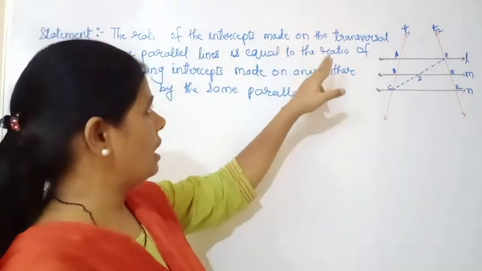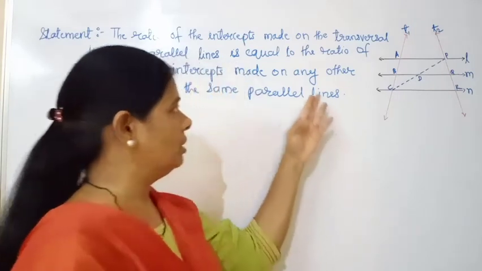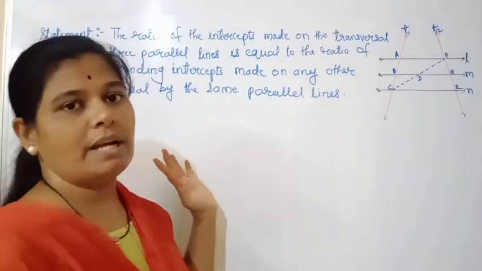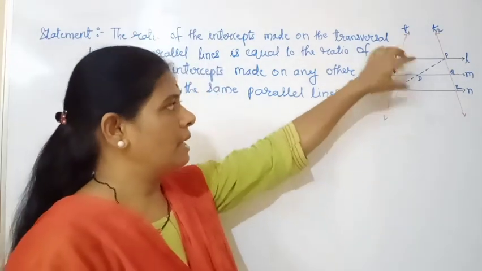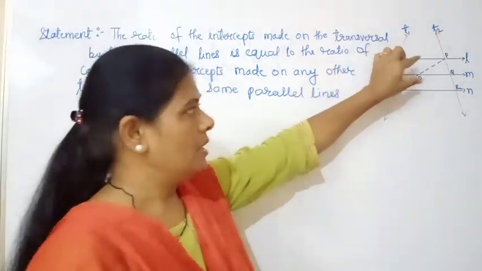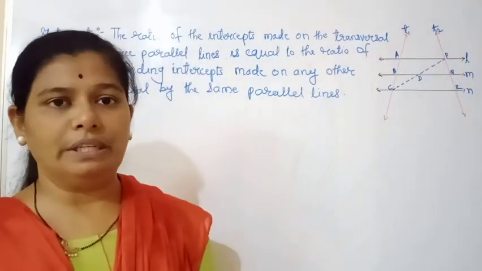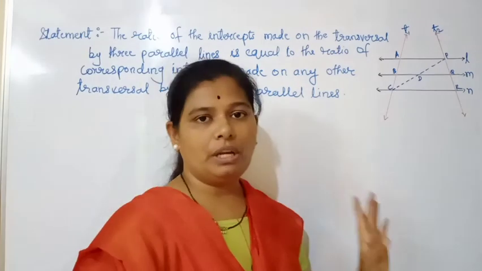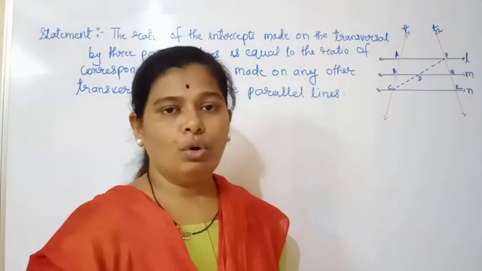Now it is equal to the ratio of the corresponding intercepts made on any other transversal by the same parallel lines. So we have to prove that the ratio AB upon BC is equal to PQ upon QR. This is the ratio of the intercepts which are made on the three parallel lines, and their ratio is equal. This we have to prove.